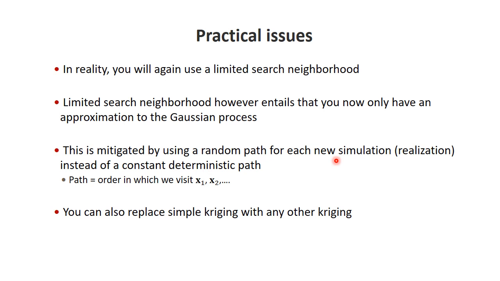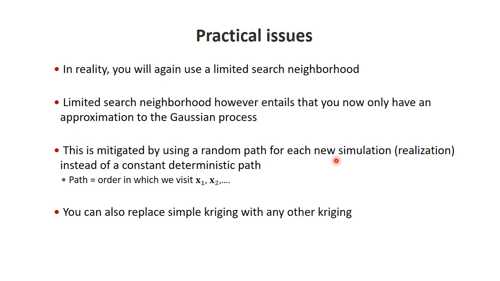However, if you use a limited search neighborhood, then this sequential decomposition is no longer fully valid. It now becomes an approximation, because the decomposition that I had required that I condition to all of the previously simulated values. The way that is mitigated in practice is that we don't use a deterministic or constant path, but for each simulation we choose a different path.